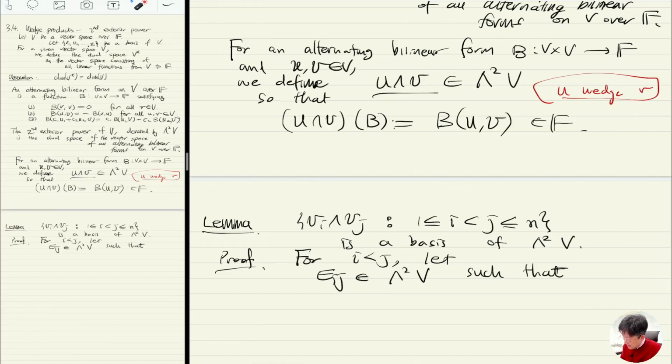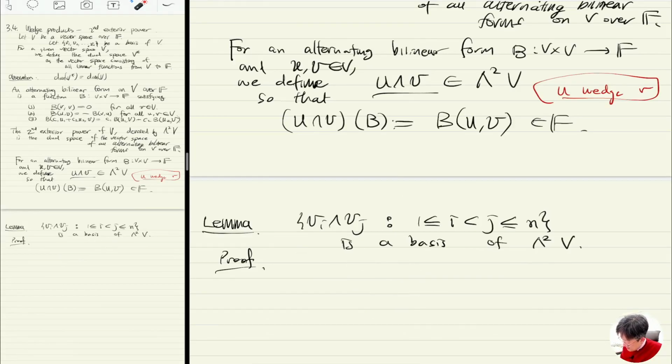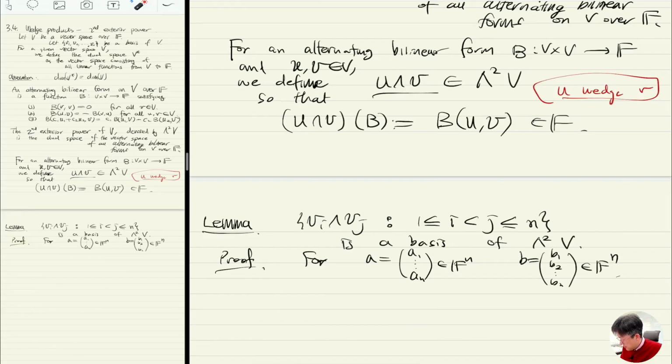First of all, let me make the bilinear forms. For a, which is a1 up to an in F to the n, and b is b1 up to bn in F to the n. Oh no, it's a linear combination, sorry.